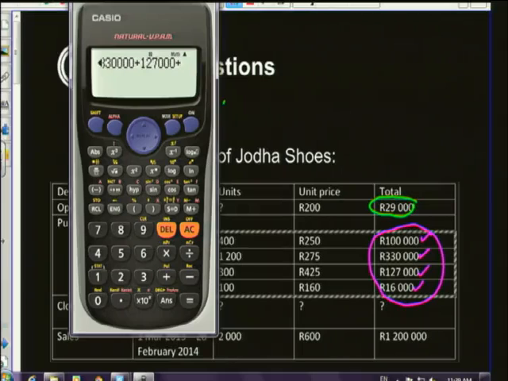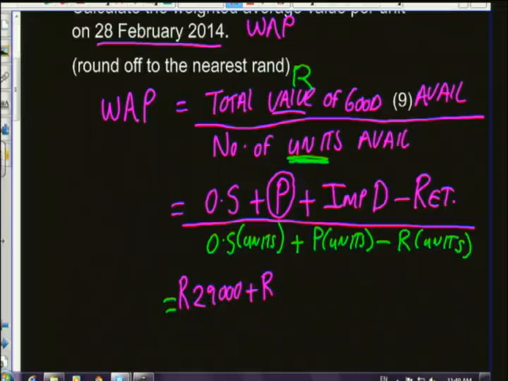Okay, and then finally the last purchase was 16,000. Okay, so my total purchases for this financial year, 573,000. So let's fill this into our answer sheet. So we've got 573,000.